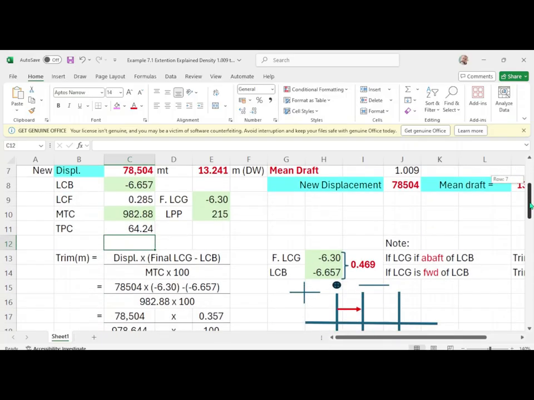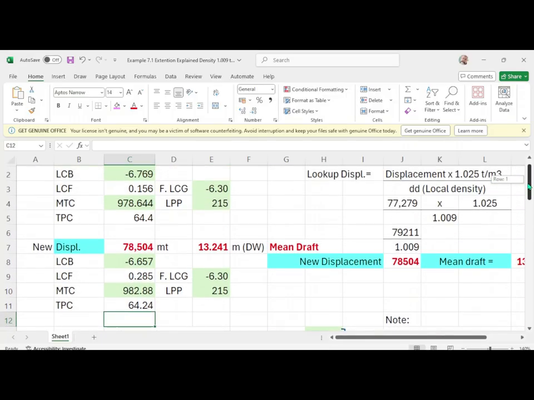So that will be our final LCG, and the LBP is 215.